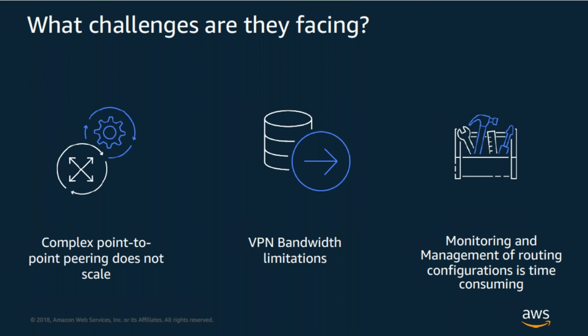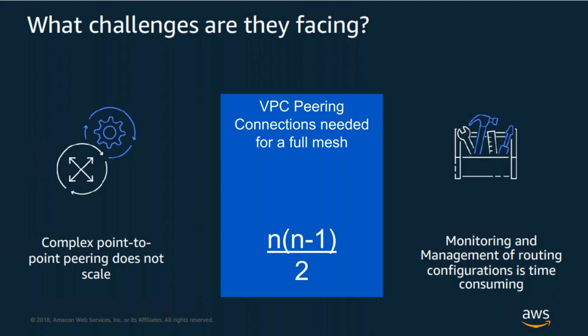Before Transit Gateway, if you wanted to connect your VPCs within your Amazon environment, you could build point-to-point peering sessions leveraging VPC peering. If you had two VPCs, that was a relatively simple process. You just built a point-to-point peer session between those two VPCs. But as you started to scale, it became much more complex.